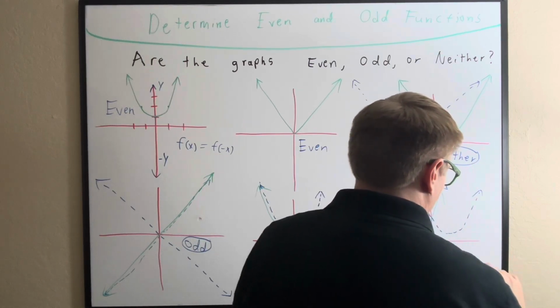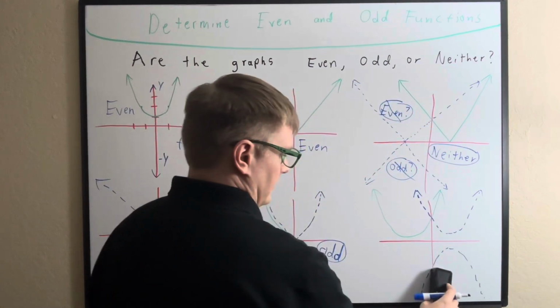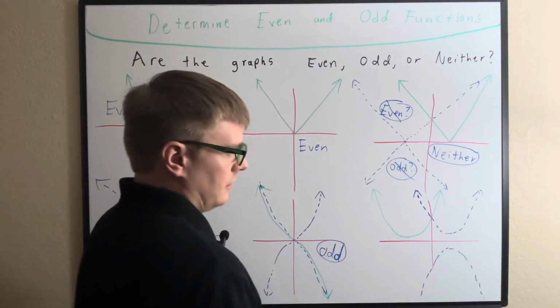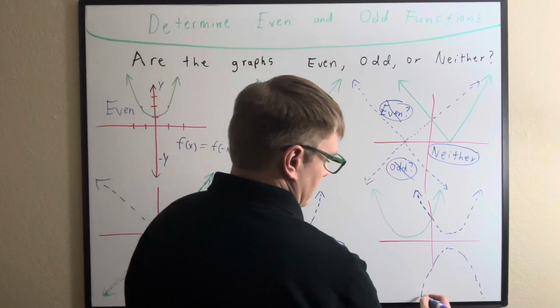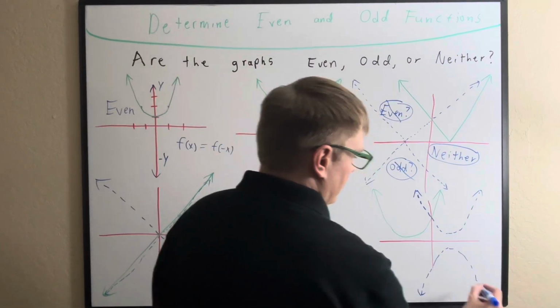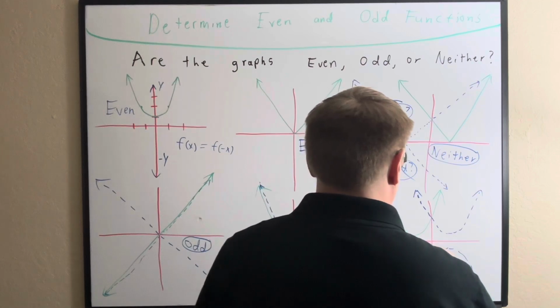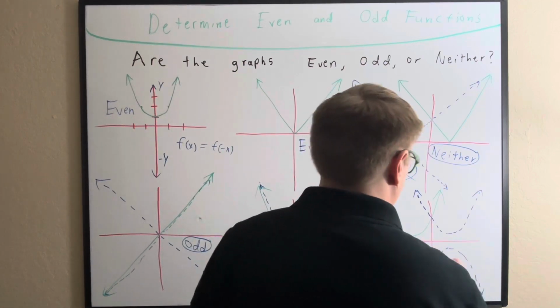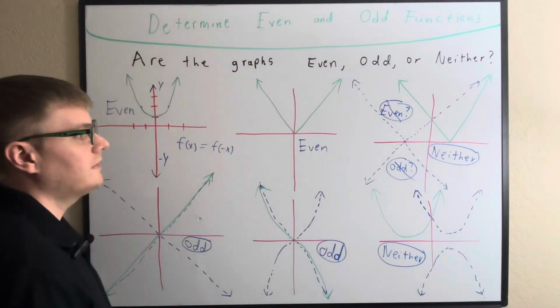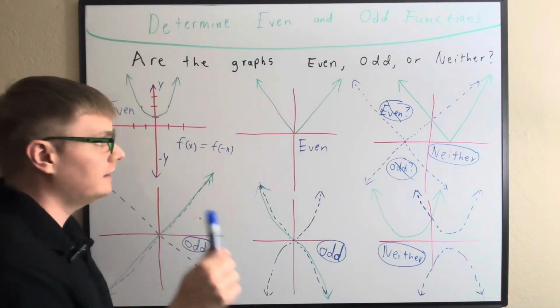You're left with something like this. Still not the same graph that you started with, so this is another neither. Neither even nor odd.